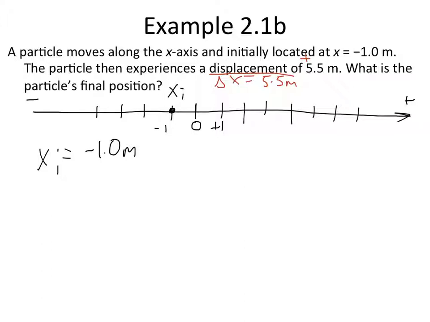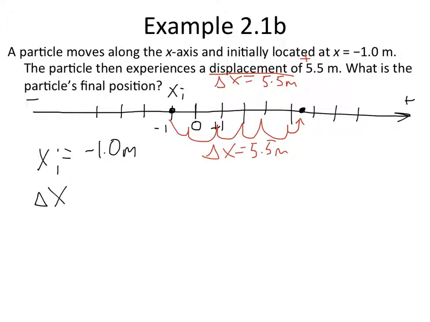And so it goes from this location here, negative 1, and it is displaced 5.5 meters. So it goes 1, 2, 3, 4, 5 and a half. Delta x equals 5.5 meters. Right here. All right?